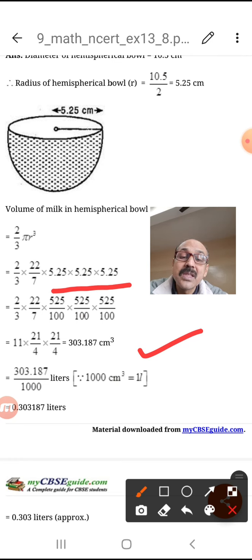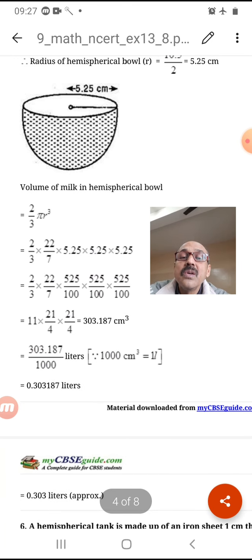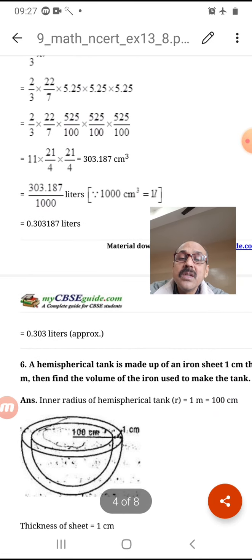So convert into liter. We know 1000 centimeter cube equals 1 liter. So dividing this by 1000, we get 0.303187 liter. So this is the volume of milk in the hemispherical bowl, approximately 0.303 liter.